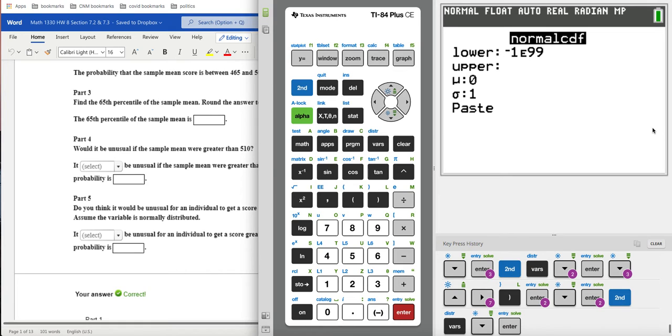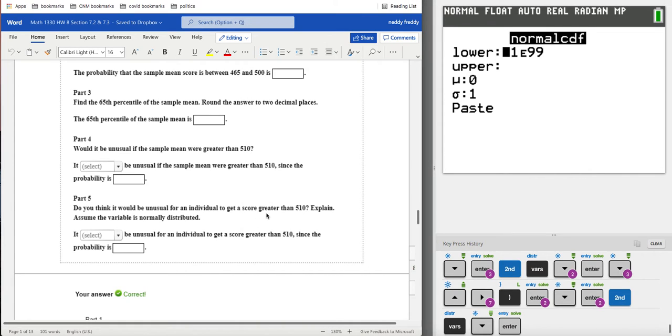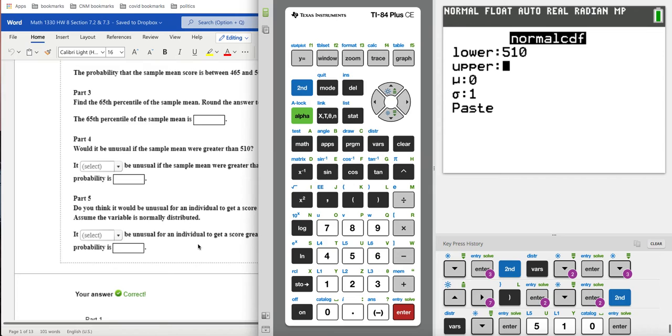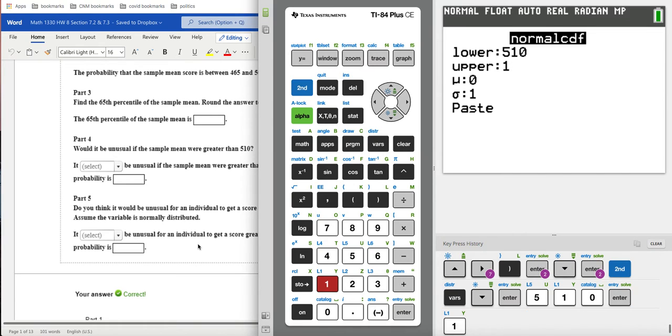So then it goes back to greater than 510. So 510. At this point, it's exactly like what they were doing for section 7.2. So 510 or higher, so the upper limit is 1E99.